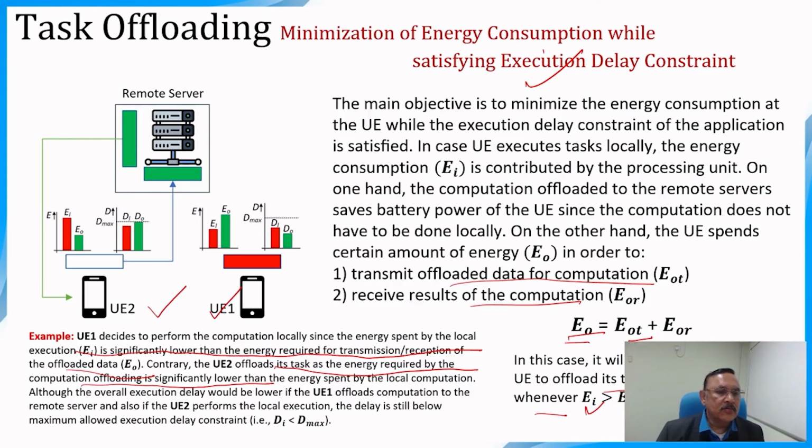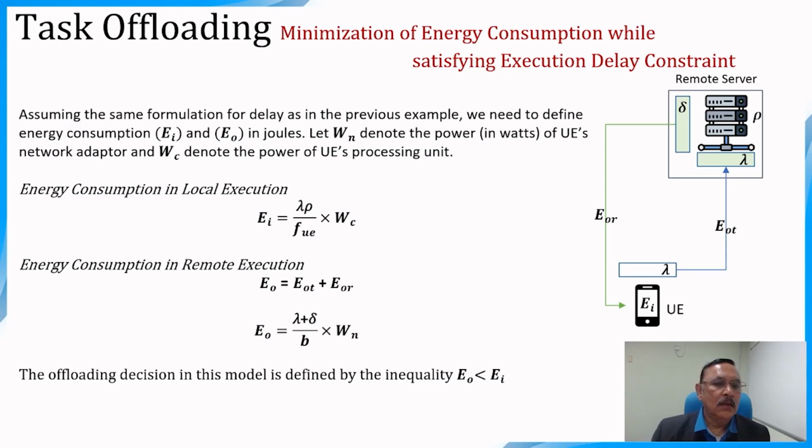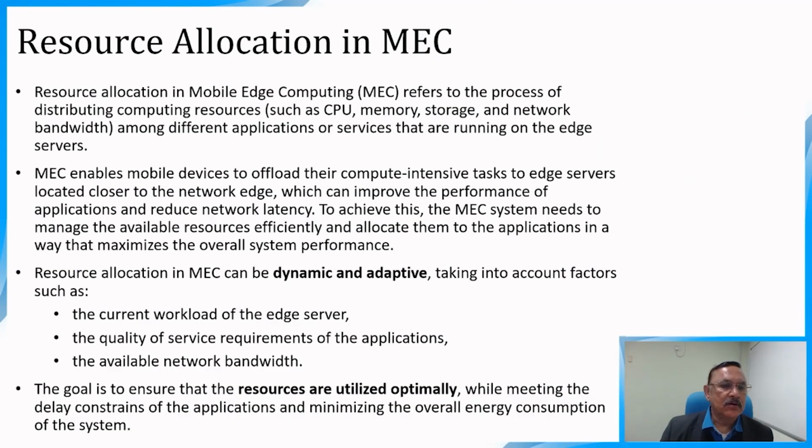So, wherever the energy is lower by doing it on the remote server, it will do that. Minimizing the energy consumption while satisfying the execution delay constraint we have already covered.